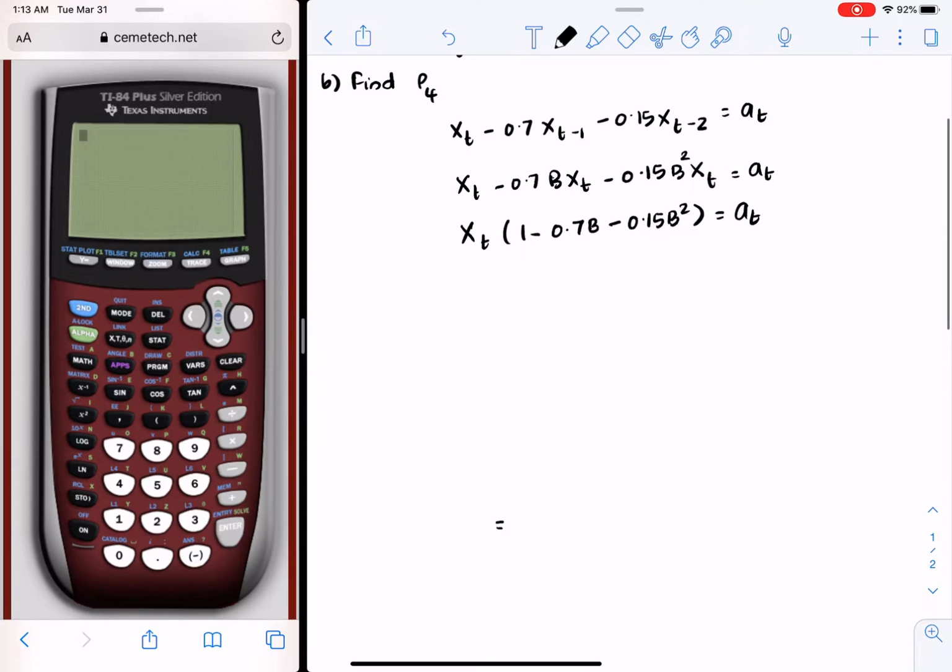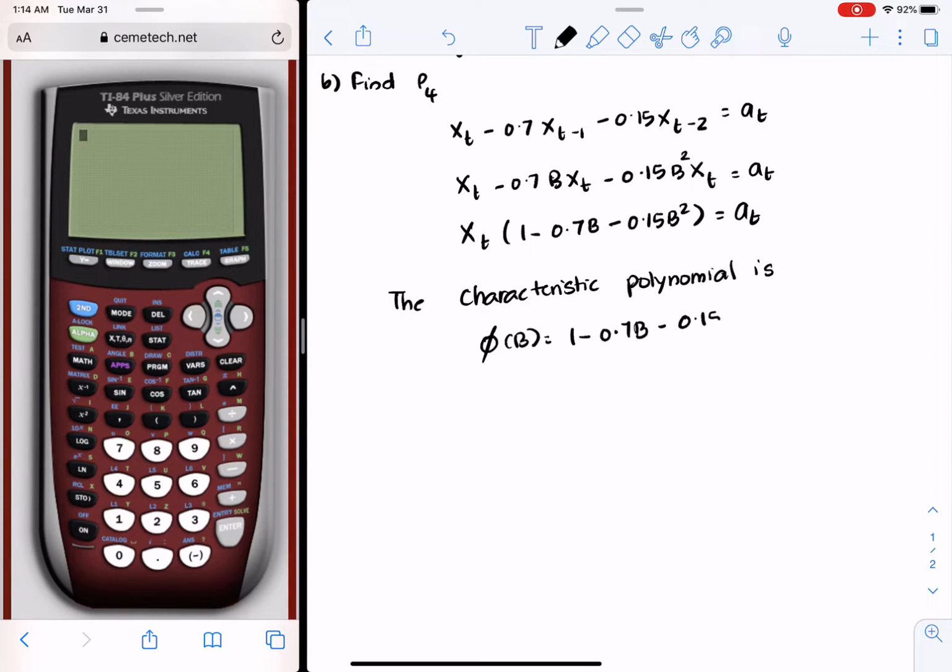The characteristic polynomial here would be phi of B equals 1 minus 0.7B minus 0.15 B squared. I could also rewrite this as phi of s equal to 1 minus 0.7s minus 0.15 s squared.